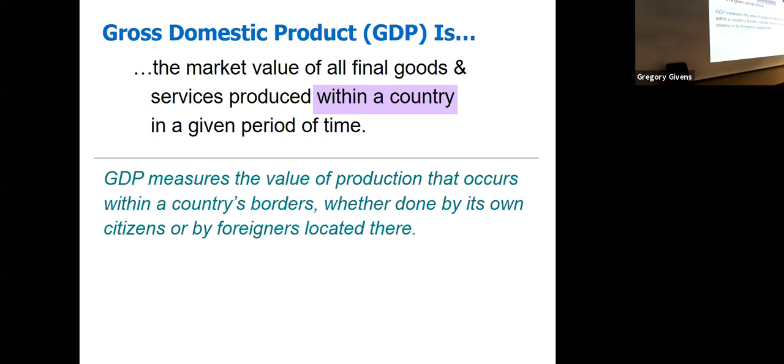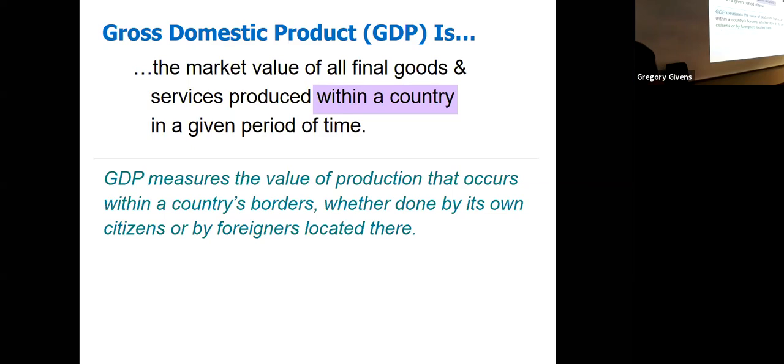What gross national product is, imagine if you take GDP and you add to GDP all of the income that is earned by US nationals working abroad in France or Saudi Arabia or Russia. And then you subtract out all of the income earned by foreign nationals, that French chef working in New York from my earlier example.